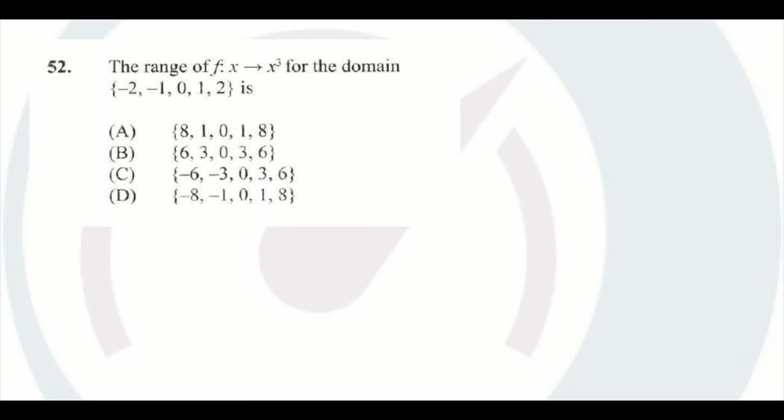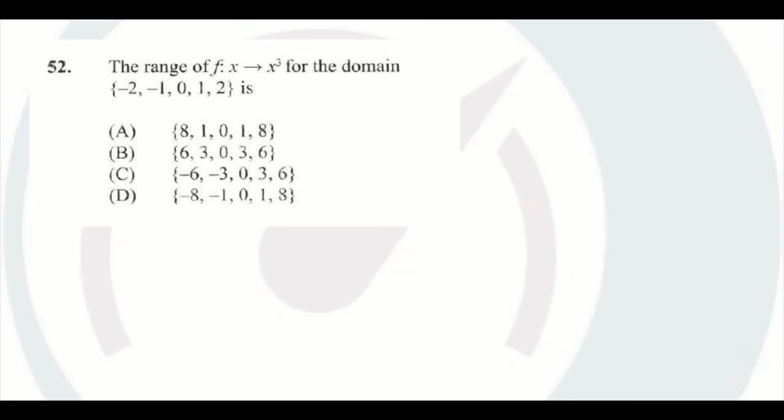Question 52. The range of f of x, such that f of x equals x cubed, for the domain, the set of negative 2, negative 1, 0, 1, 2. Now we need to understand some keywords.